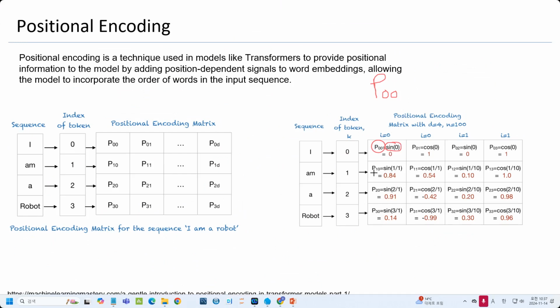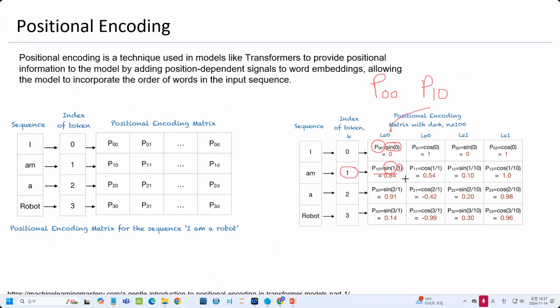For position 1, 0, I check this index, which is 1, and divide it by 1, because this is still i equals 0.